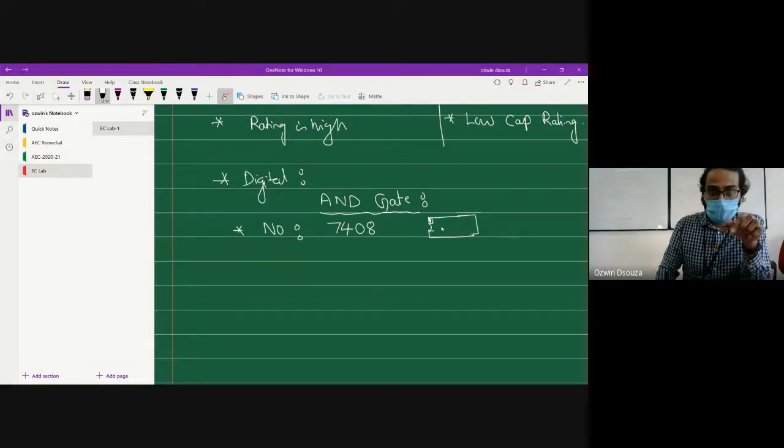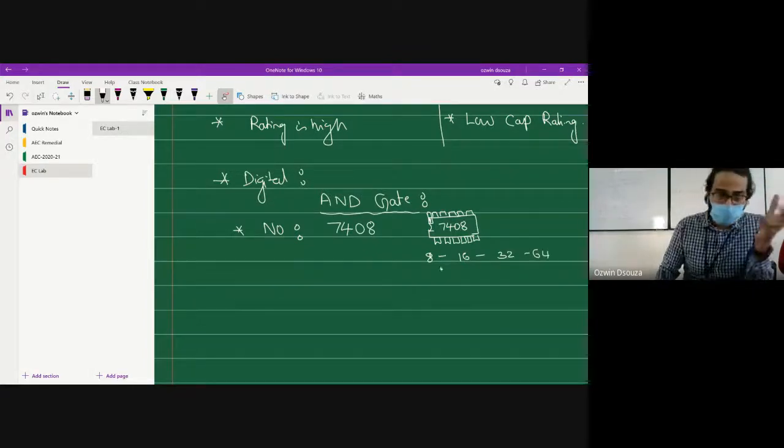On the top half of the IC, you can see this marking 7408, and there will be several legs. You get different types of ICs: 8-pin IC, 16-pin IC, 32-pin, 64-pin. This is one way of identifying the ICs.